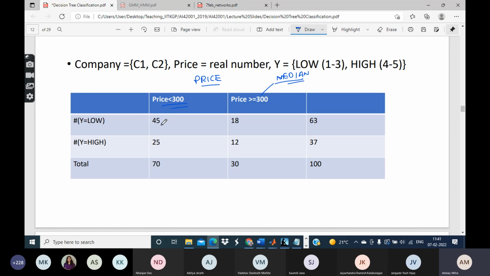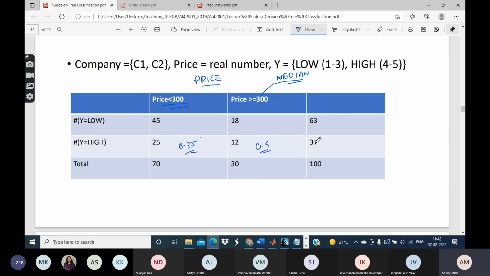In this case, what you observe is there are 70 cameras which cost less than 300. 25 of them have got high ratings, which means about 35%, 0.35. On the other hand, for the cameras which are more costly, there are 30 of them and 12 of them have got positive ratings, which means about 40%.